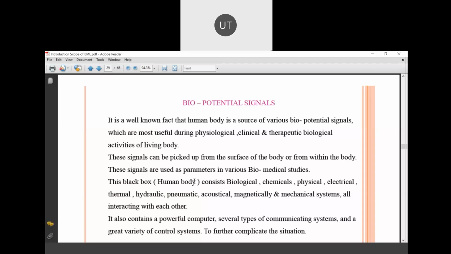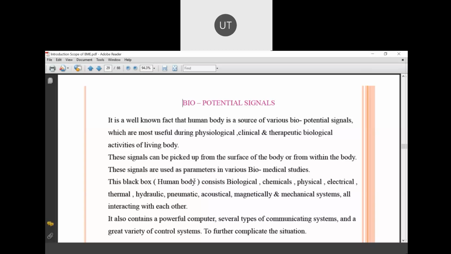Then thermal signals like temperature, hydraulic signals, the blood flow inside the body, pneumatic signals, the respiratory system where we have the air breathed in and breathed out, purification of the air, acoustical systems where we can measure the sound, magnetic systems, mechanical systems, and all these systems, on top of that, are interacting with each other. They are not separate, they are interacting with each other.